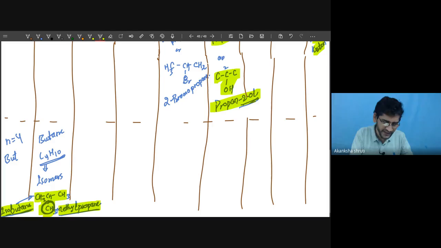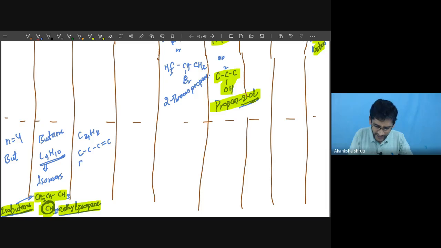So for alkene, again considering the functional group, we can name it. C4H8. So 1, 2, 3, 4. Student, one may keep the double bond here, with the remaining filled with hydrogen.